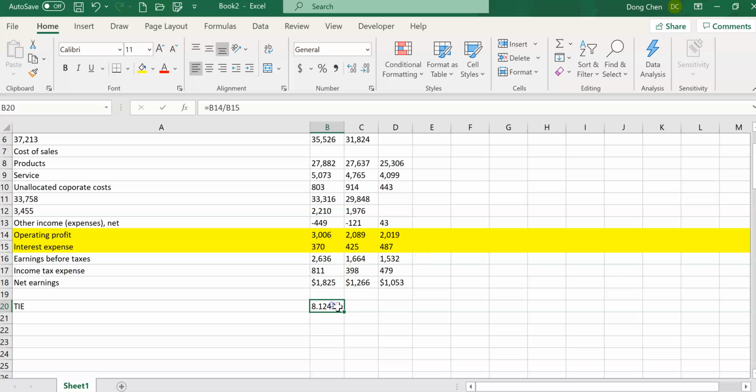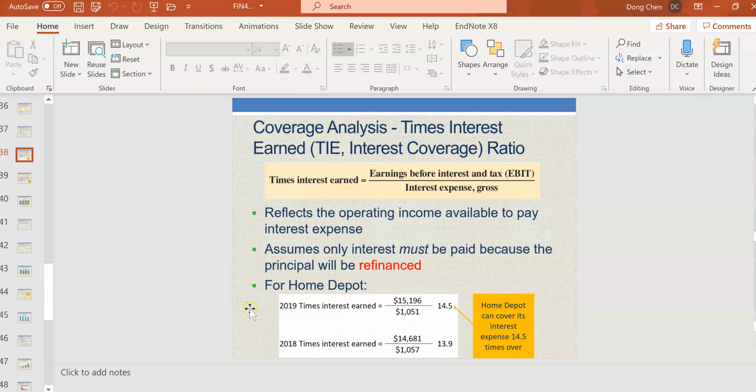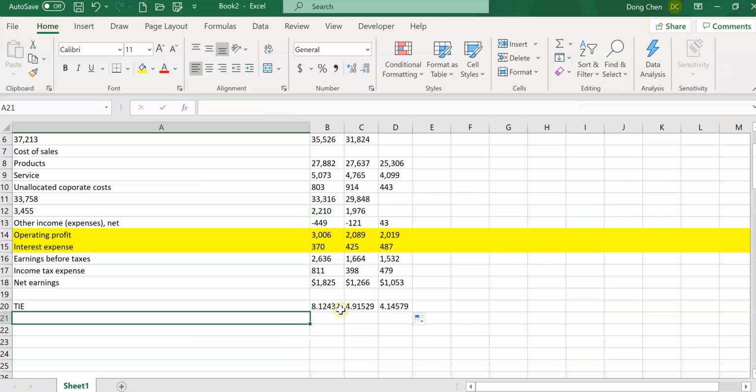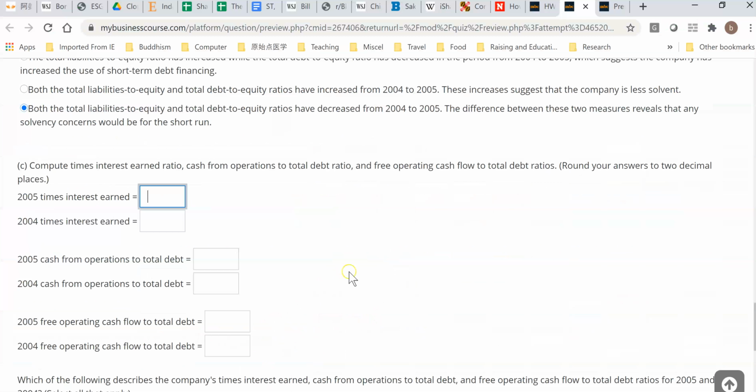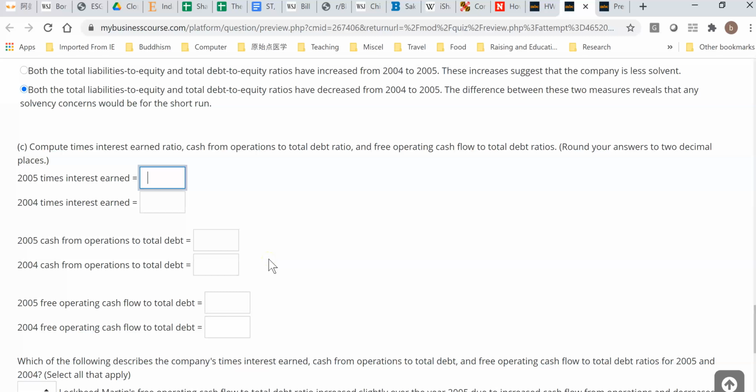Then I can drag the cell to the other years and automatically calculate the same ratio for the other years. I'll change the format later, after I've done all the calculations for the other ratios as well, just to save some time.